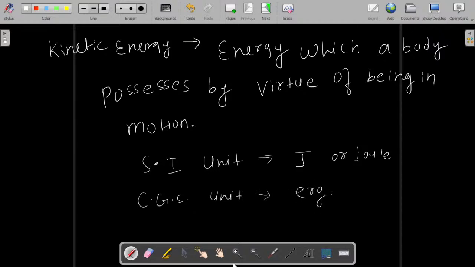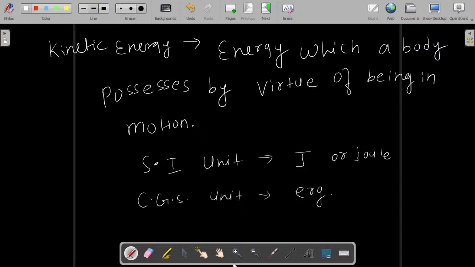So whenever you throw something, that time the body is having kinetic energy. The energy possessed by a body by virtue of its motion. During motion it has some energy. That energy is called kinetic energy. Suppose I throw a chalk. So chalk is having mass, it is having some velocity. So we can say chalk is having some kinetic energy.